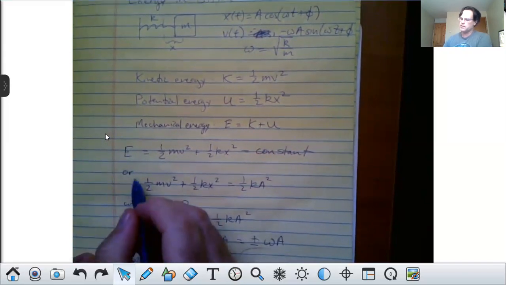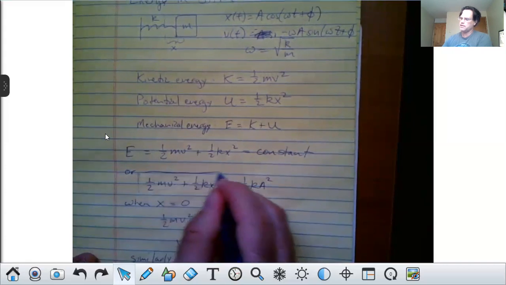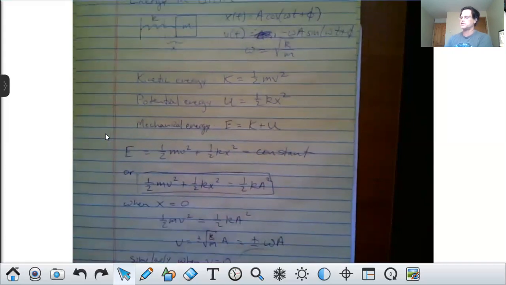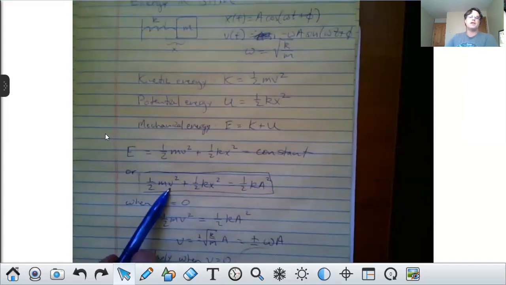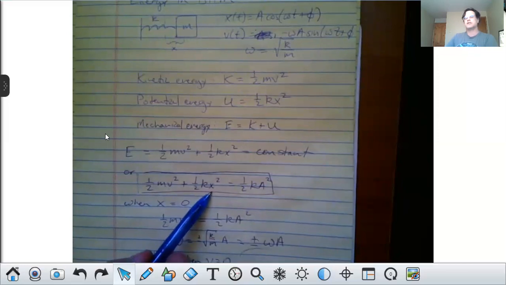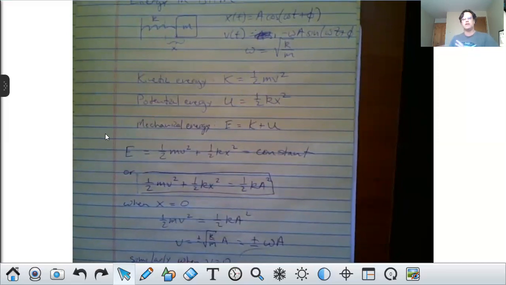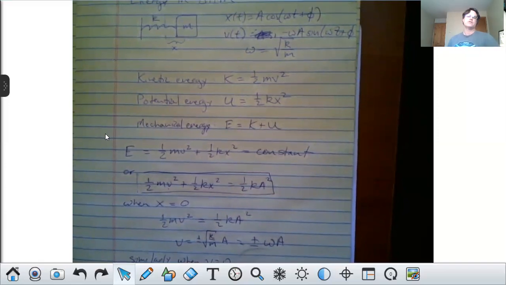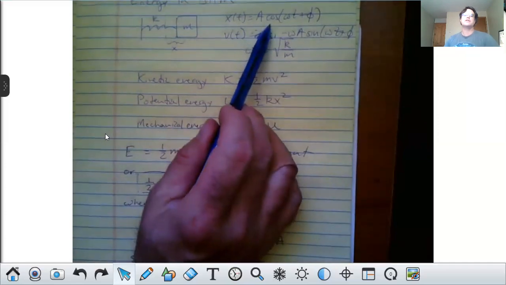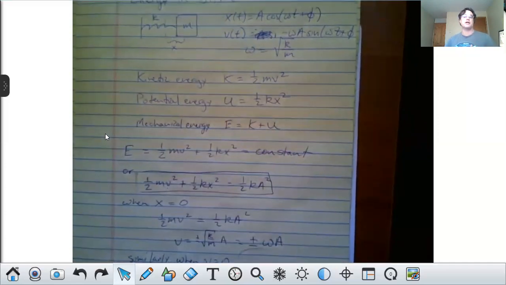And this equation allows us to relate the speed, v, and the x displacement at any values. So for example, I could choose a value of x and solve for v, and I would get what the speed is at that value of x. So I don't have to actually use this equation to figure out questions like that.